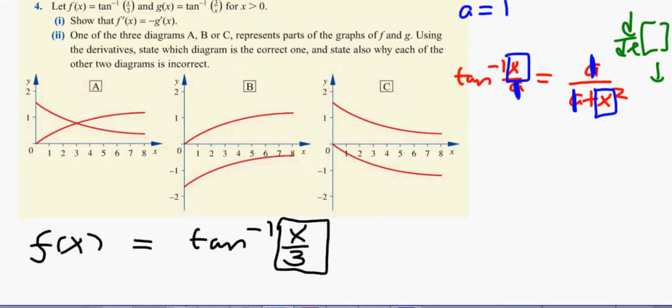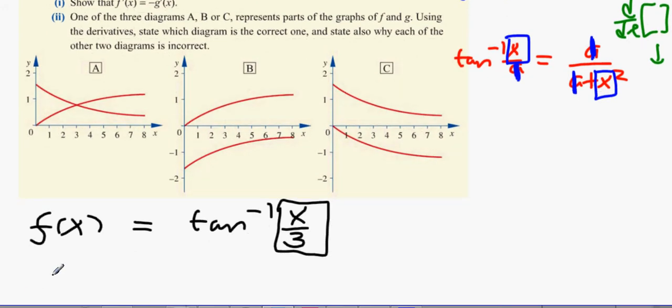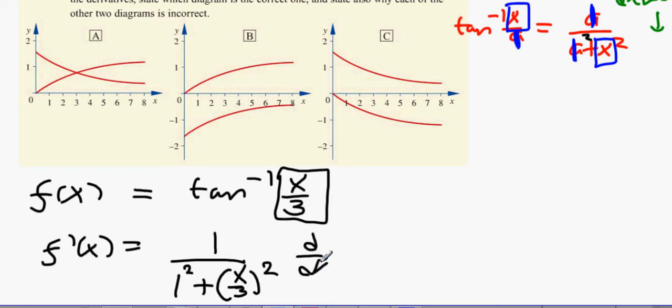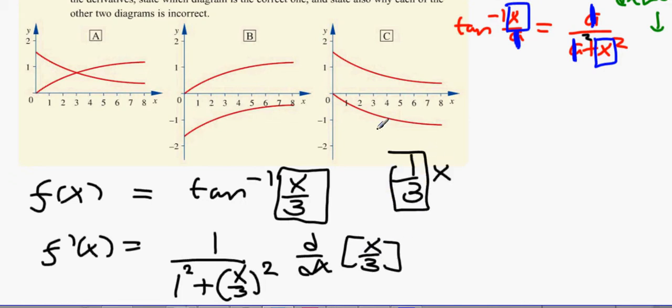So to do the first derivative, which is f dash x, all we've got to do is put 1 divided by 1 plus bracket x over 3. Now that is a squared, by the way, but a squared is 1 squared, which is 1. X over 3 squared, and then we have the derivative of x over 3, and to differentiate a third x is just the number that comes in front of it, which is a third.